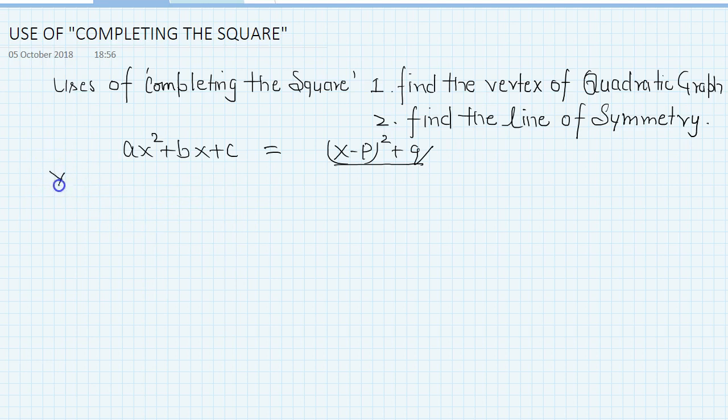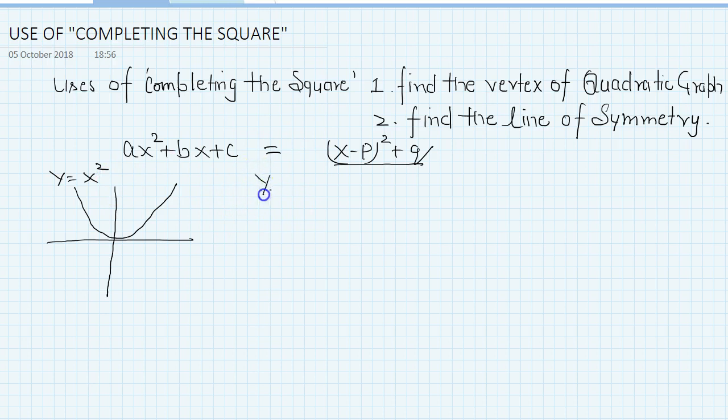Suppose my graph is y is equal to x square. The graph is not very accurate. So this is y is equal to x square.